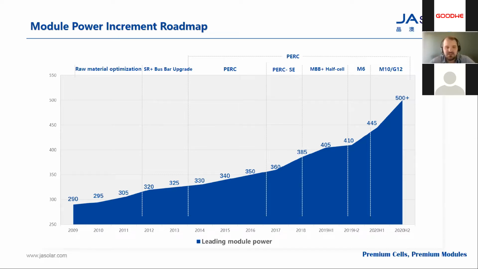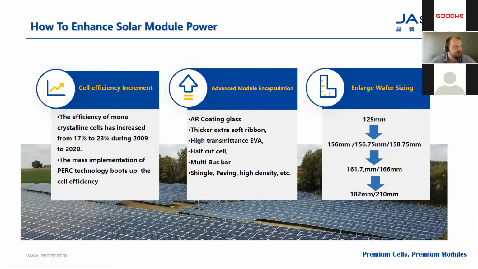Upgrades of module power cell capacity have been done through PERC technology, through increased efficiency, and then of course through enlarging the cell size itself. Cell efficiency has really increased from about a 17% range in 2009 to about 23% now in 2020.